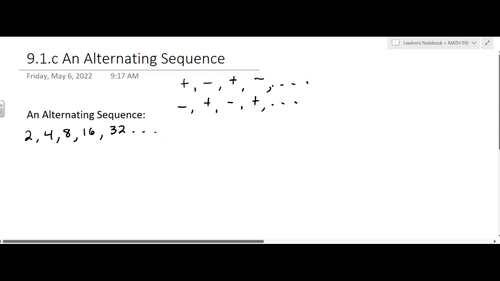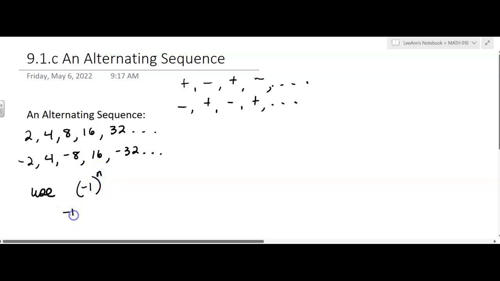Now, if we wanted it to be alternating, one way it could be is -2, 4, -8, 16, -32. Okay, how do we get it to change the signs? In this case, we're going to use -1 to the nth power.